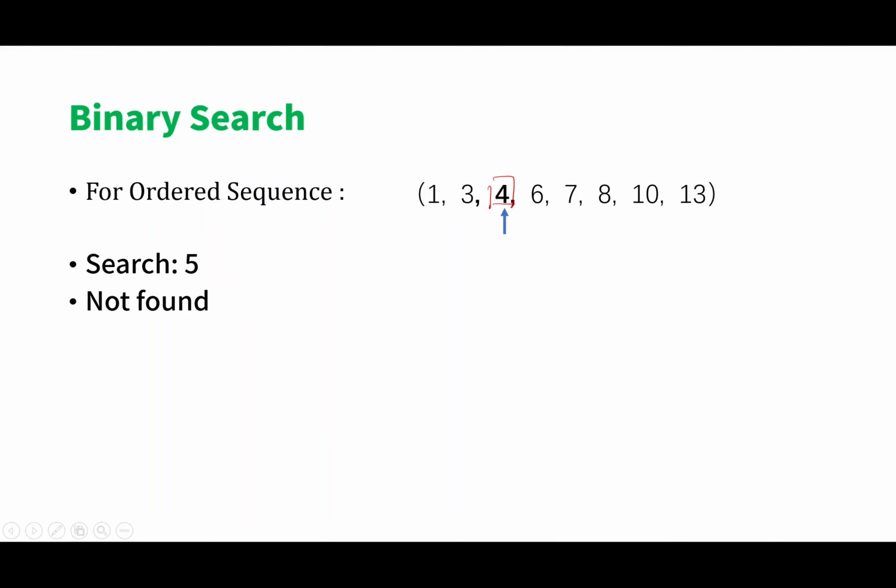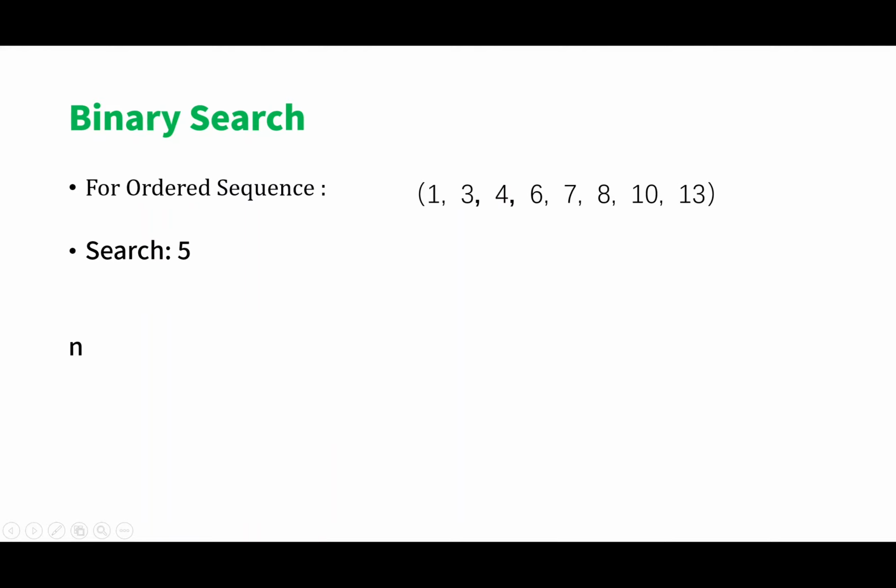For binary search, if the length of the orange sequence is n, when we compare with the middle of the sequence, if they are not equal, then we will search in the left half or in the right half.